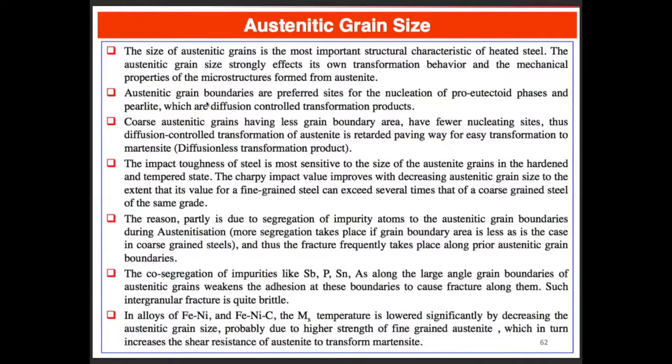So if we want a fully martensitic structure, we can grow our austenite grains really large, and then we have fewer nucleation sites, right? So we can retard the nucleation kinetics of all the other phases, have a slower cool and still get martensite, right?